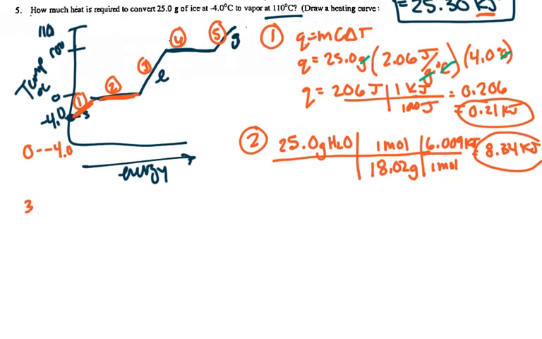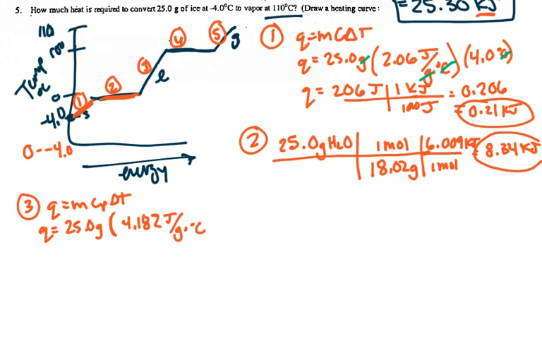I'm going to move over here and do my third one. So third is Q equals MCΔT, because I'm going up. So I'm calculating Q. The mass is 25 grams. The specific heat for a liquid now for water is 4.182 joules over grams times degrees Celsius.